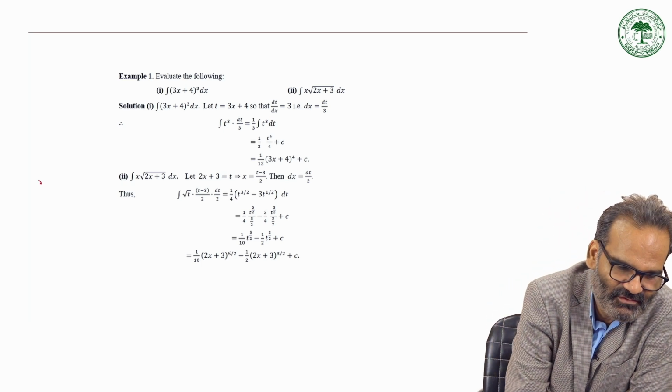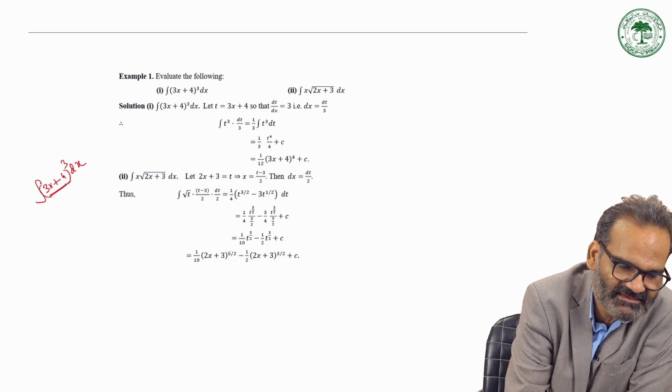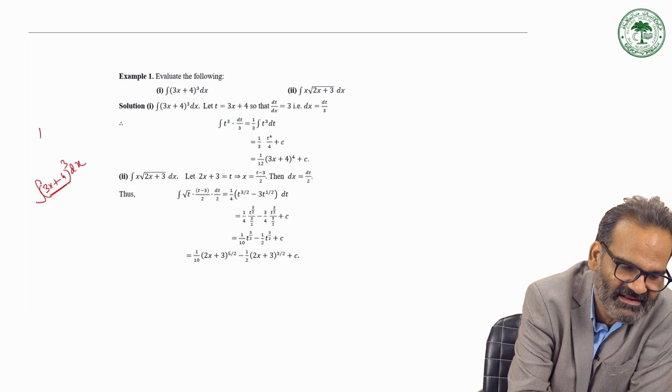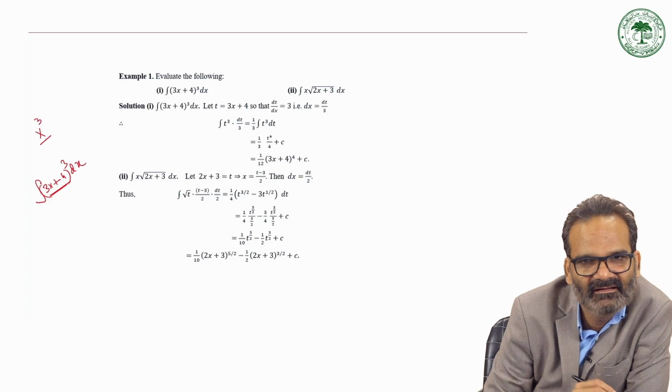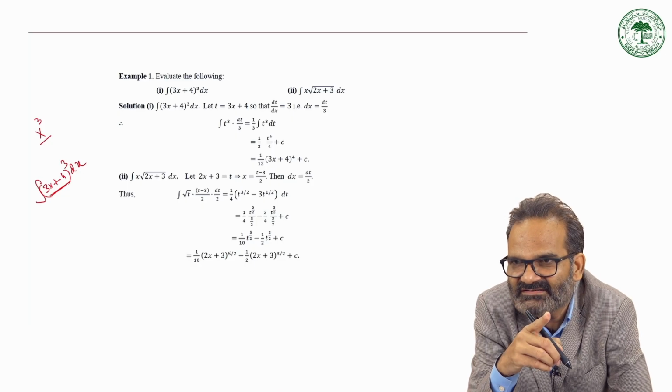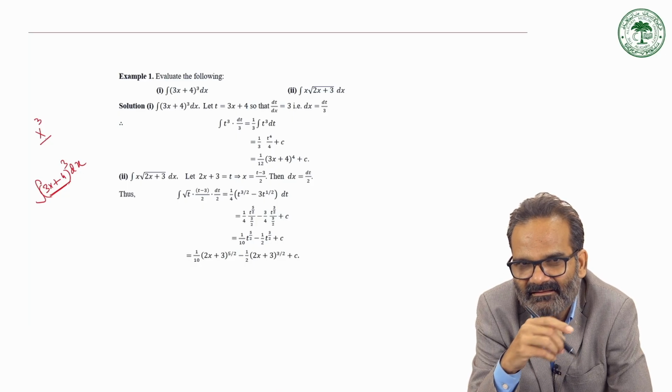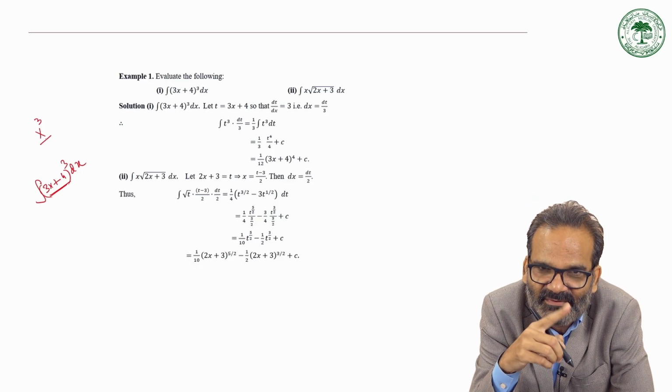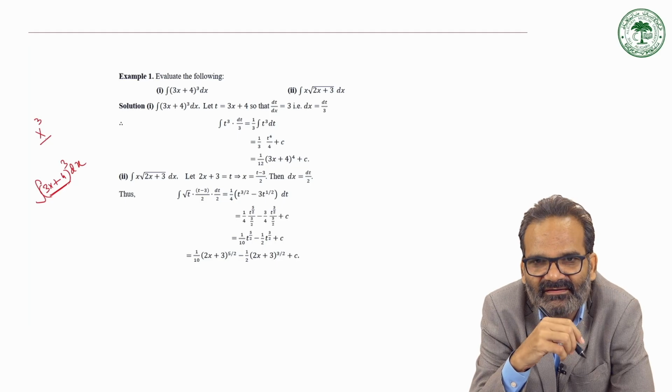This is our function (3x + 4)^3 dx. You can assume this whole as x, so it will be treated as x^3. We can directly use the formula of x raised to power n to write down its integral, right? Because x is simply replaced by 3x + 4 here.